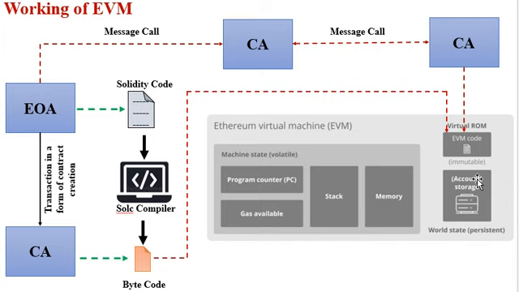Let us understand in more detail how exactly it works. All transactions are digitally signed, and the digital signature is done by the externally owned account. When a new smart contract needs to be created, the developer follows particular steps to get the smart contract deployed on the Ethereum virtual machine. The developer writes the smart contract in Solidity and compiles it into bytecode.